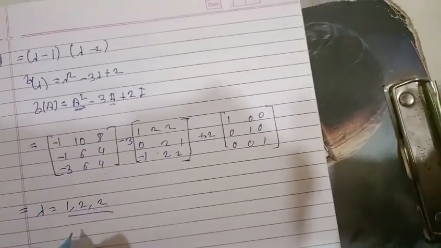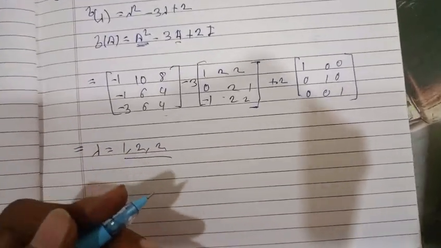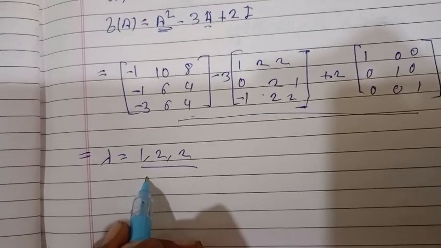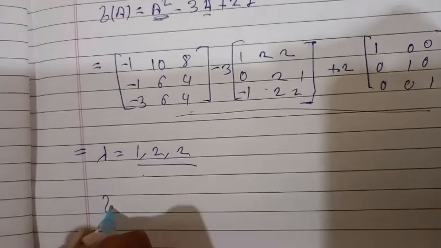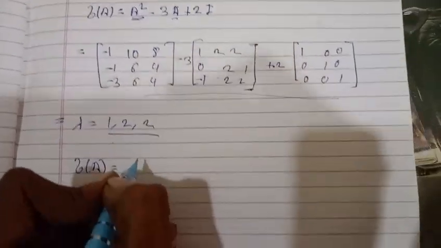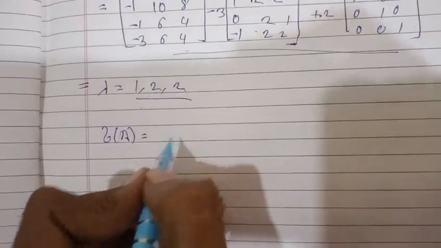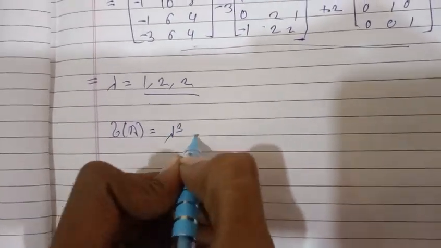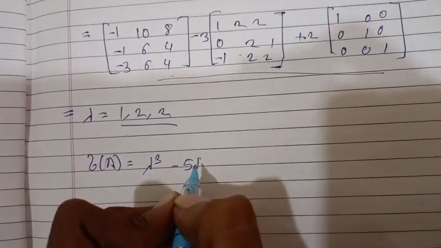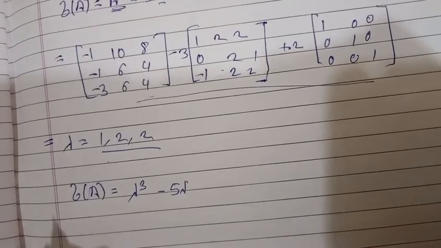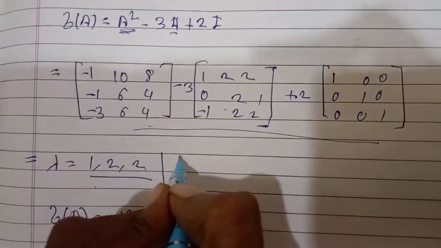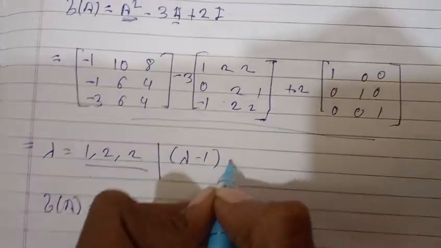Another form is solving like this: sigma by bracket of a is equal to lambda of 3 minus 5. I am directly solving, but another example has lambda by minus 1.